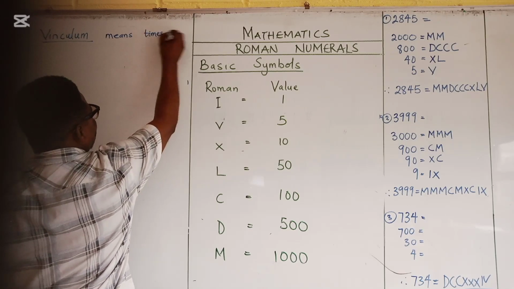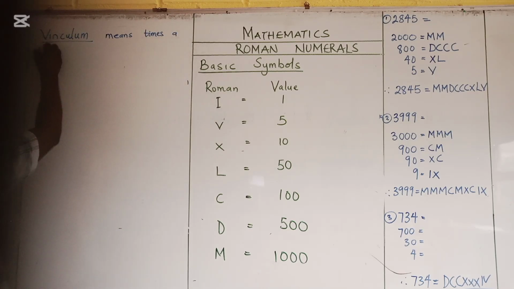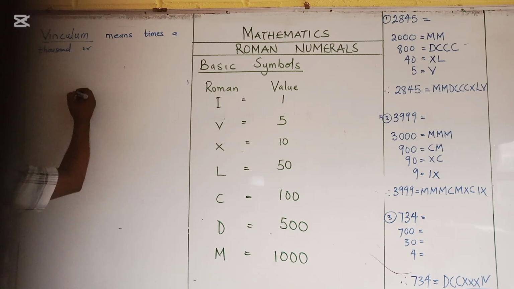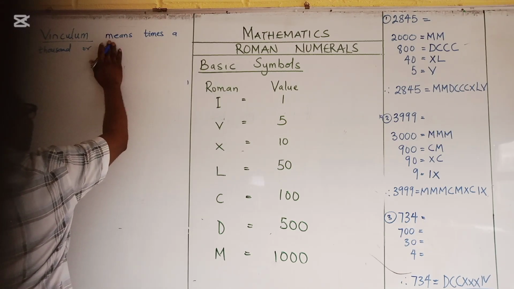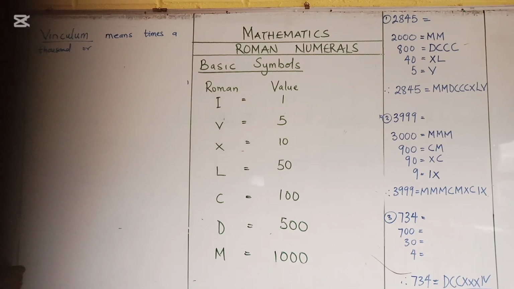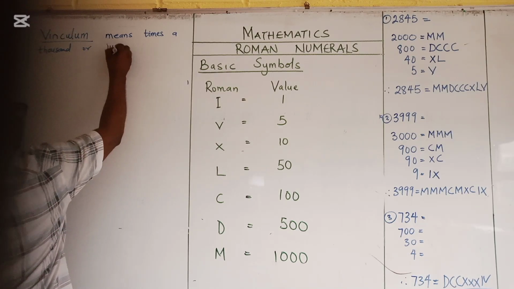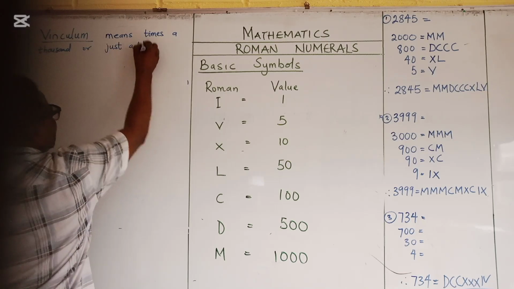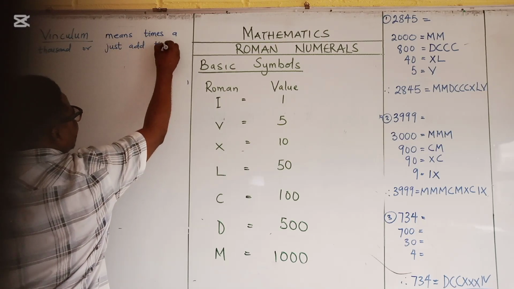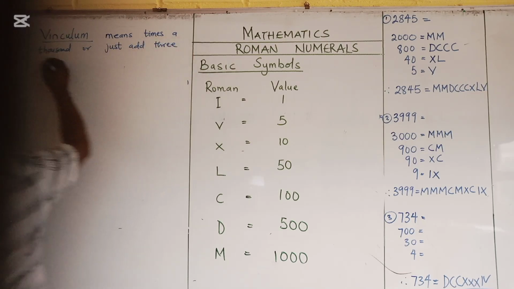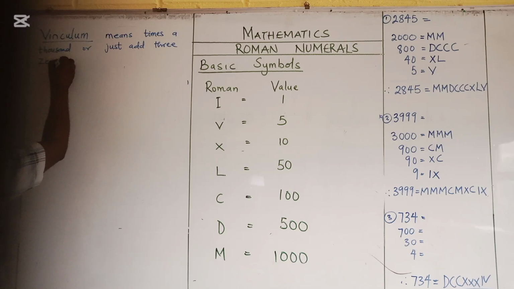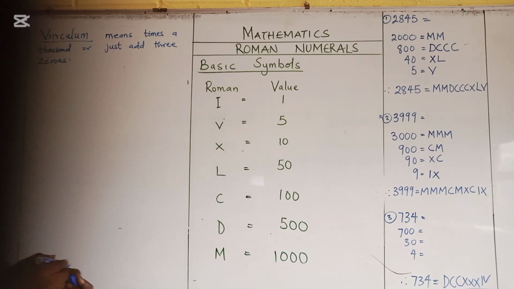times 1,000. Or we can say just add 3 zeros. Just add 3 zeros. That is it.